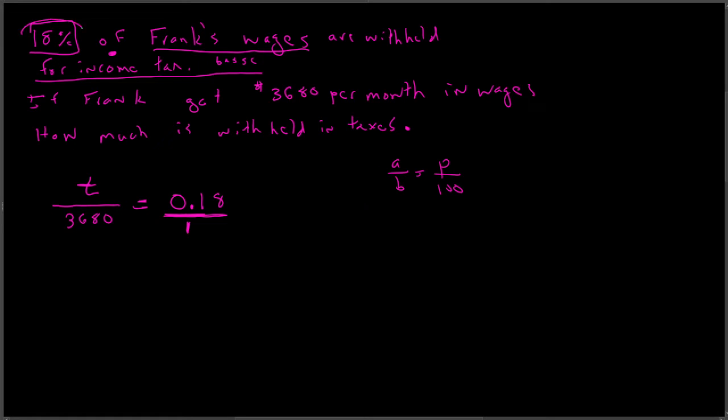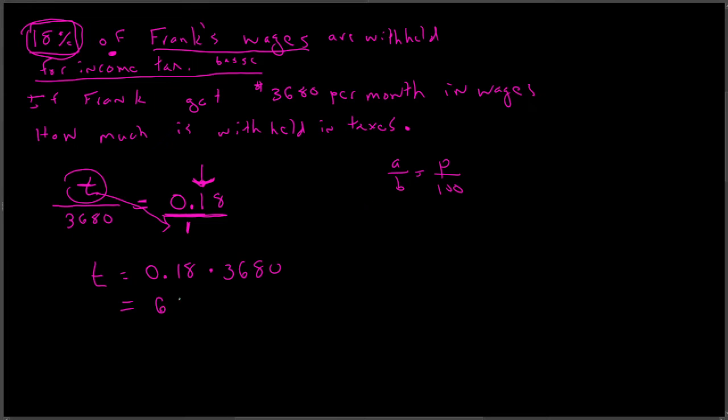Well, if I'm given the percentage, I can convert that directly to a decimal. I can divide it by 100. And so I'm going to do that right off the bat. And now I'll cross multiply. So t times 1 is equal to 0.18 times 3,680.